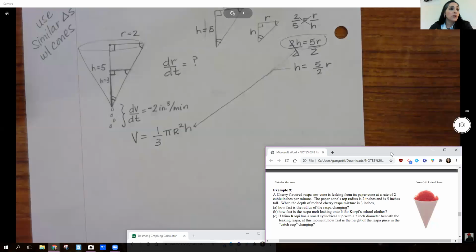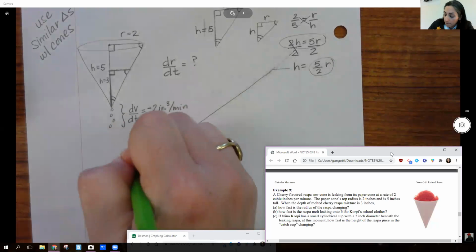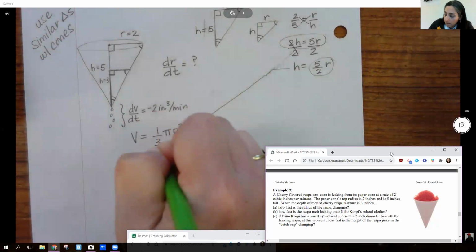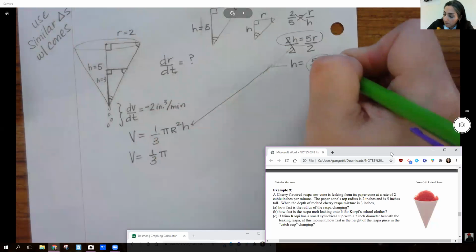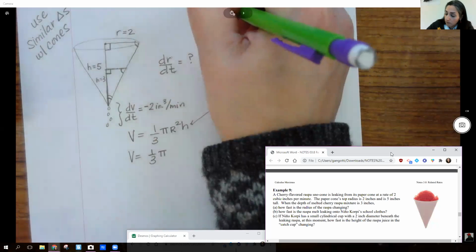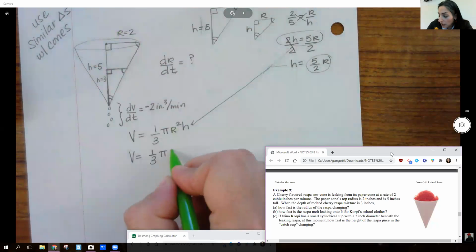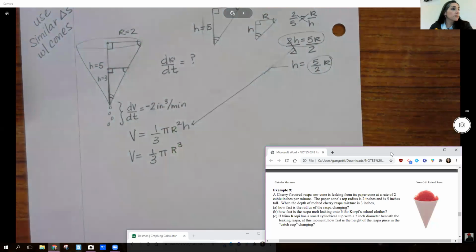Okay, so wherever you see an h, put 5/2 r. So this will be r cubed.